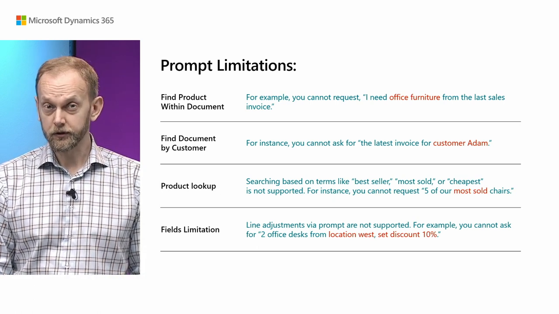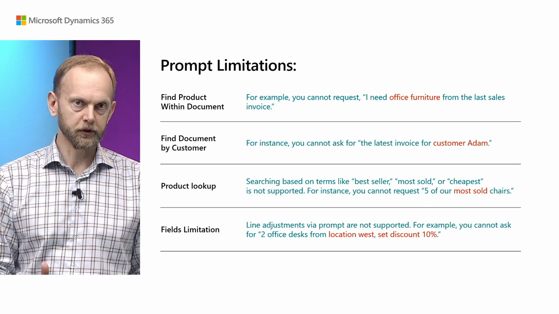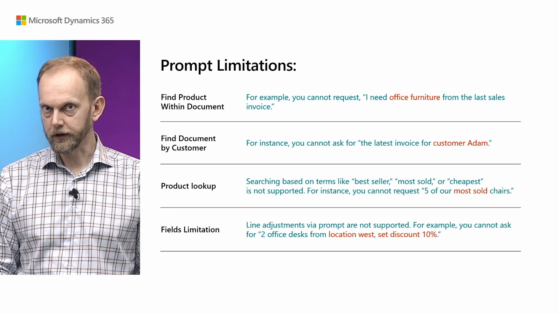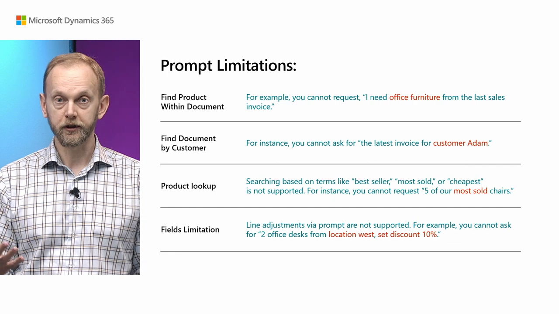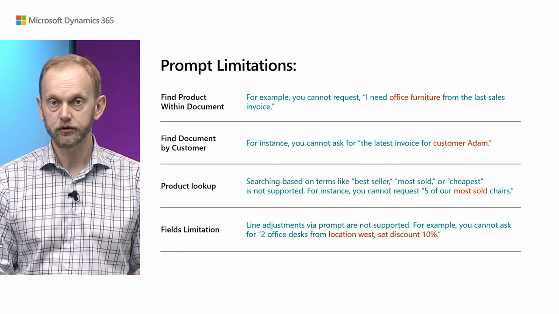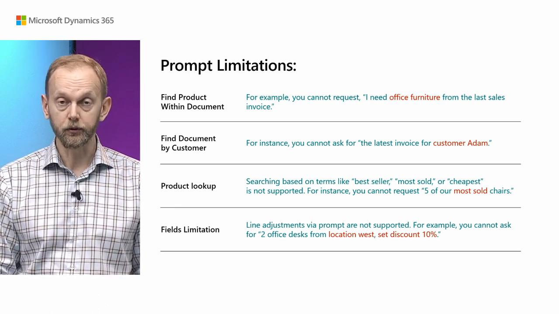You also cannot use a specific customer, because right now Copilot will use the customer defined in the document header when searching for the document. Also, when you search for a product, you need to focus on the product characteristics, product description, etc. But you cannot use relative ones. For example, give me the best one, or give me the one which fits another, or sold together, or most sold. That will not return any good results.